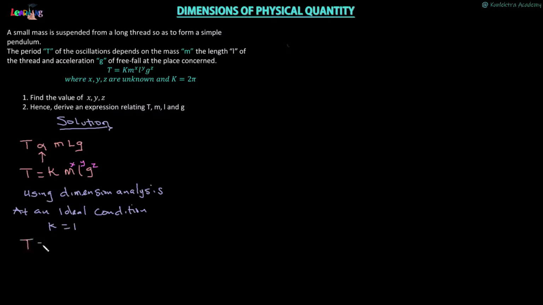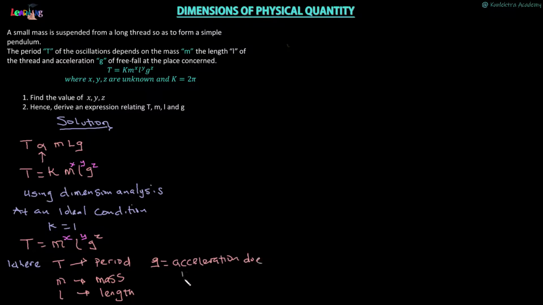Then we have T is equal to m raised to power x, L raised to power y, and g raised to power z, where T is the period, m is the mass, L is the length, and g is the acceleration due to gravity.